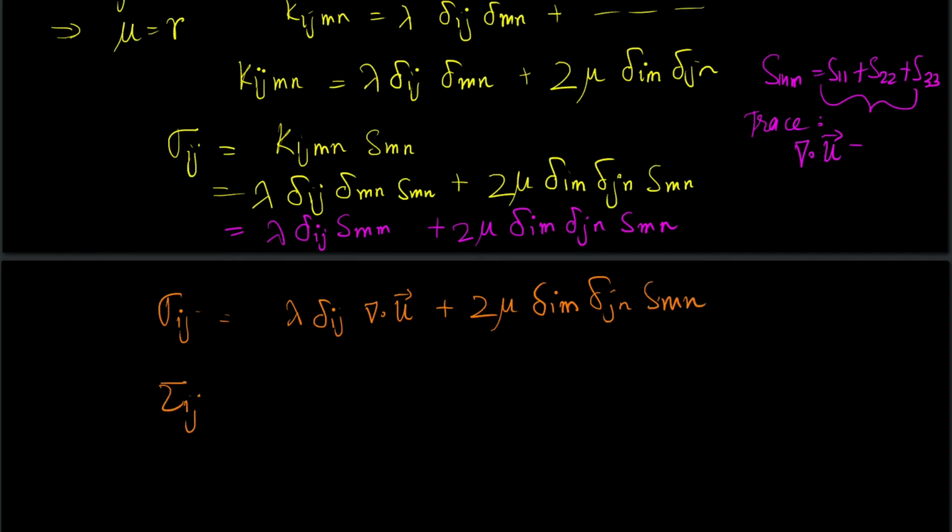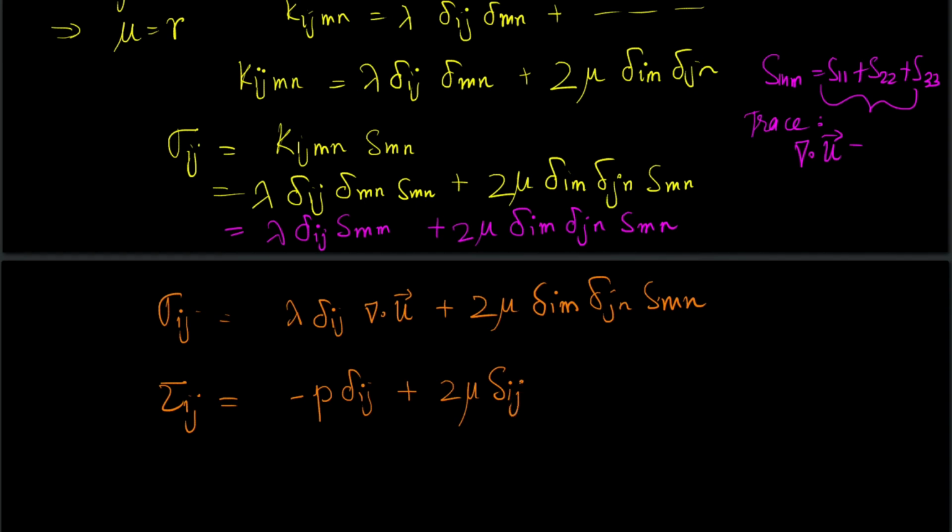So the entire stress tensor may be written as minus p delta ij plus 2 mu delta im delta jn. In fact, let us simplify this delta im delta jn also. So only when m equal to i and only when n equal to j, this term will be non-zero. So replace m by i and n by j.